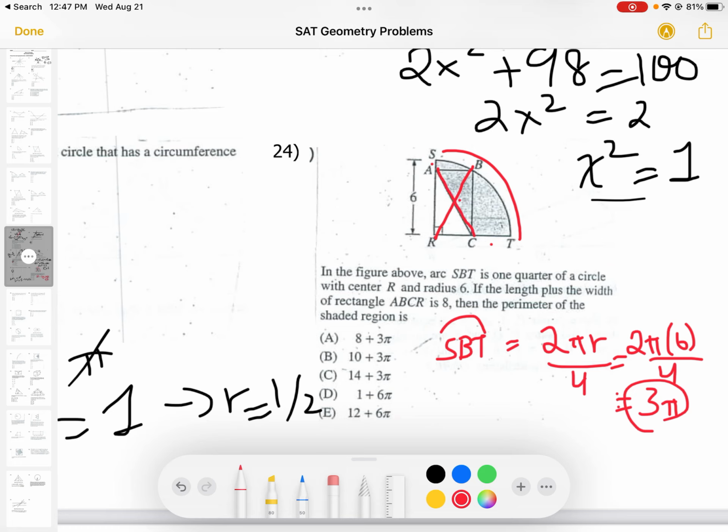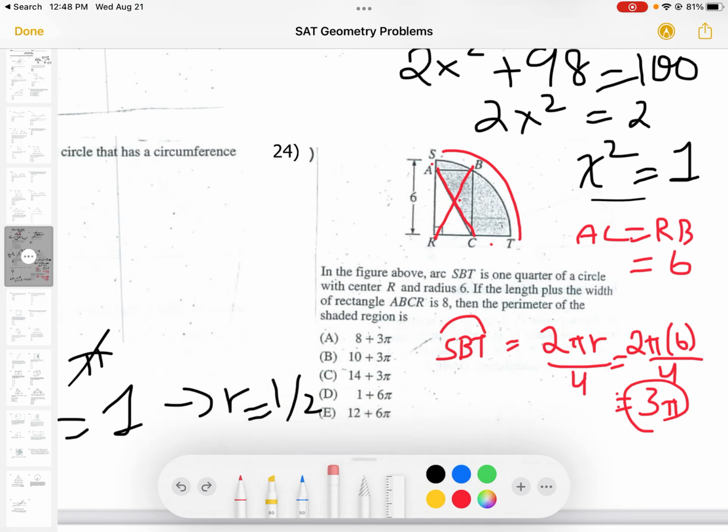These two diagonal line segments I've drawn right here, they're the same because they're both the diagonals of the rectangle. And all diagonals of a rectangle are congruent in length. So AC is equal to RB here in the picture. But RB is just a radius of the circle, and that's just 6. So we know AC is equal to 6, right?